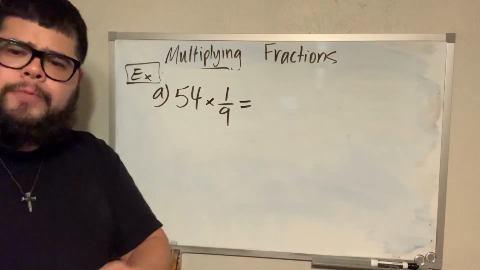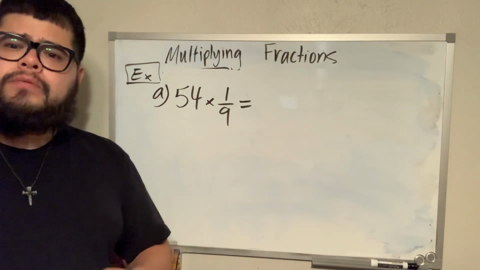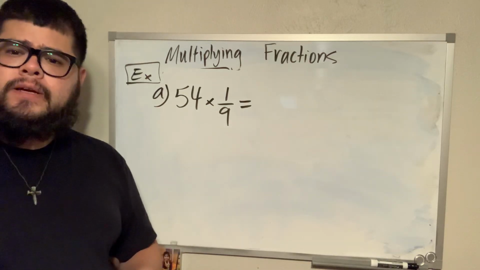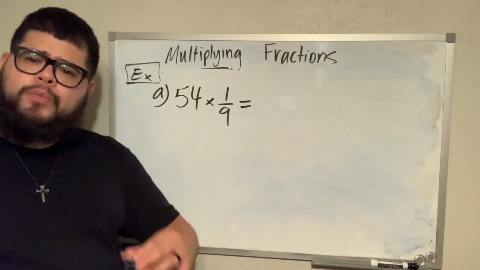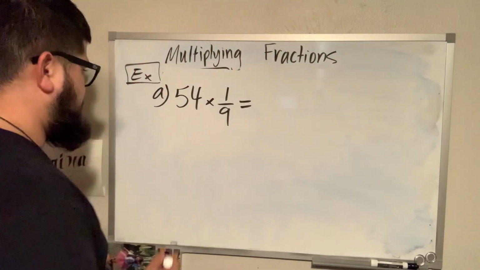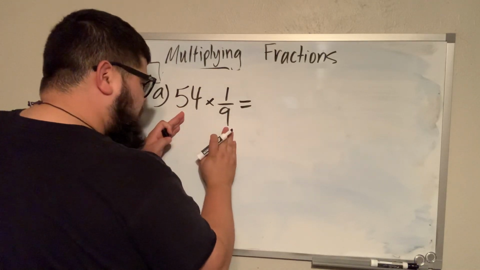We have to remember that 54 is a natural number, right? It's a whole number. It's an integer. And it's rational. And since it's rational, we can rewrite it as a fraction, right?